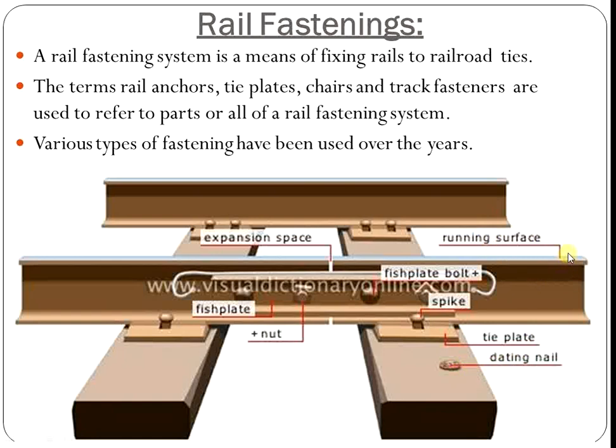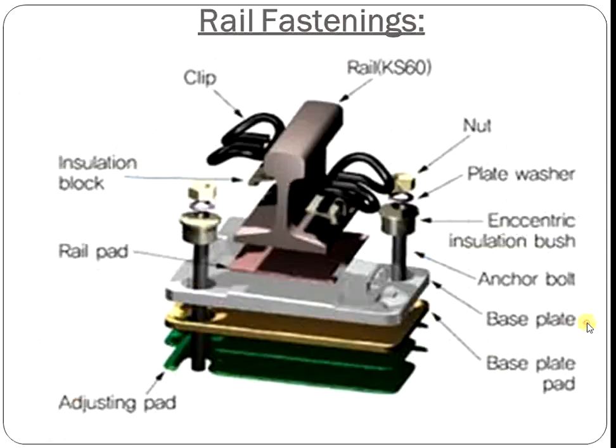This type of fastening we use over the years, or long ago. This is another component part of the rail fastening we use at the time of laying the railway track.